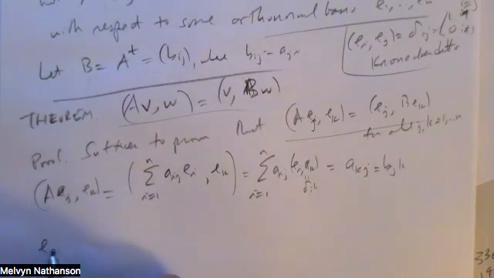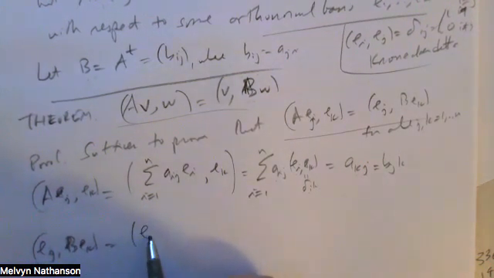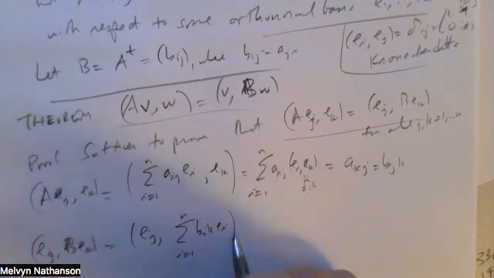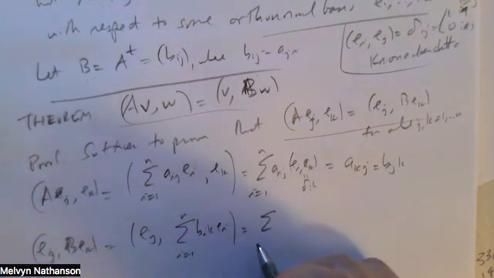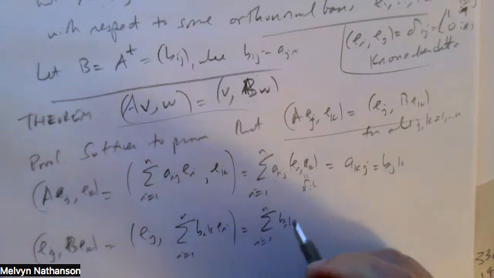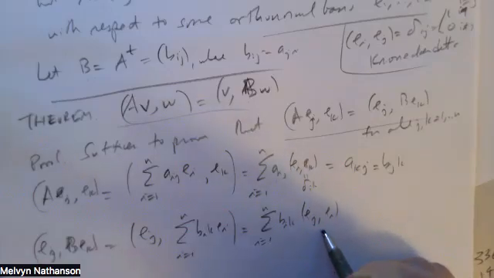What is the inner product of EJ with B times EK? That's the inner product of EJ with BEK, which is summation BIK E sub I, I goes from 1 up to N. This is summation I goes from 1 up to N, BIK, inner product of EJ and EI.